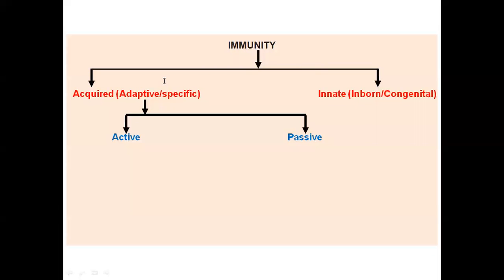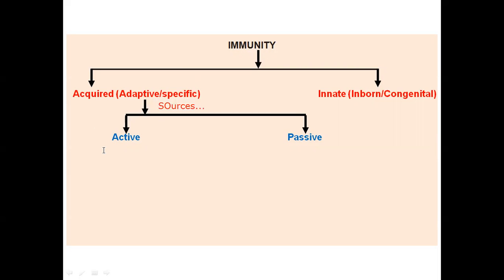Acquired immunity involves the participation of glycoproteins known as antibodies, and on the basis of the source of the antibodies, we divide acquired immunity into two different types.